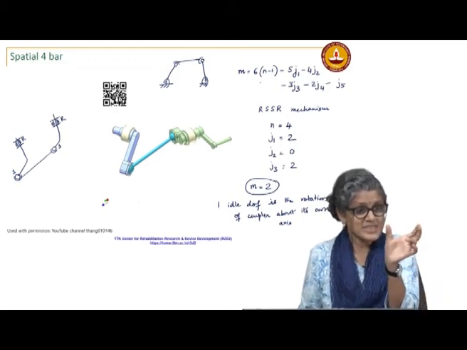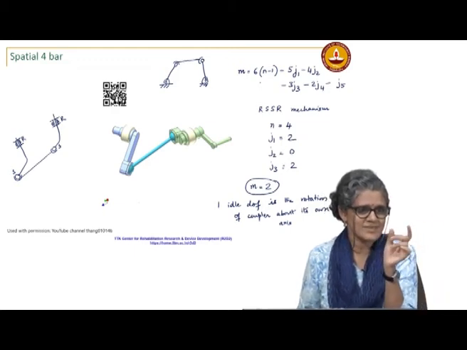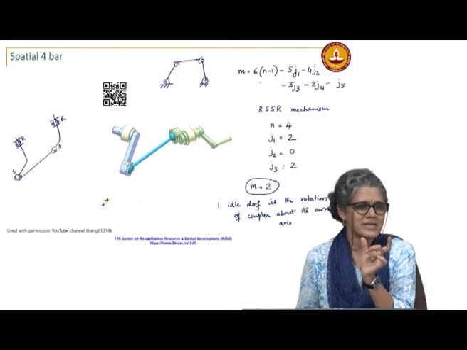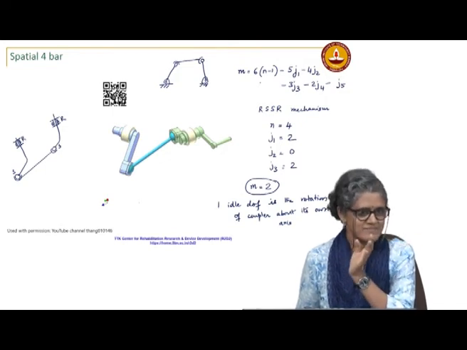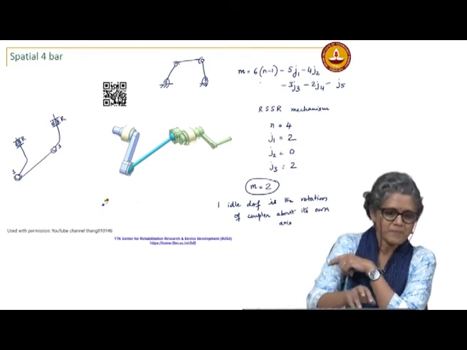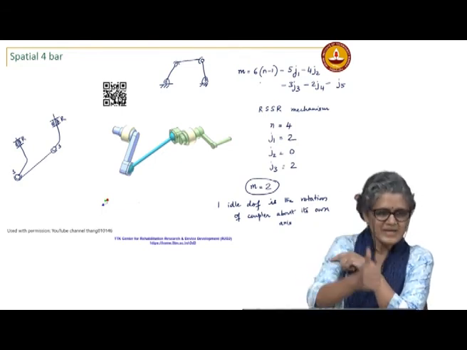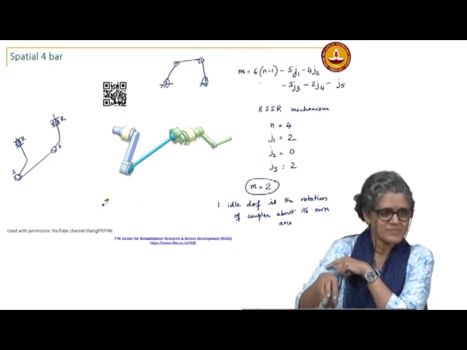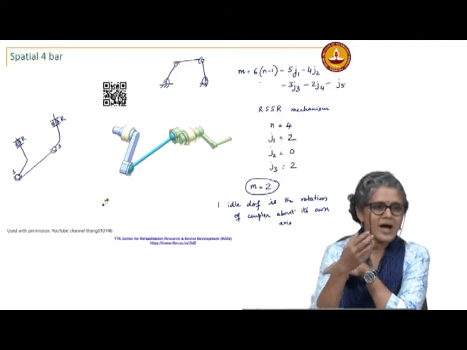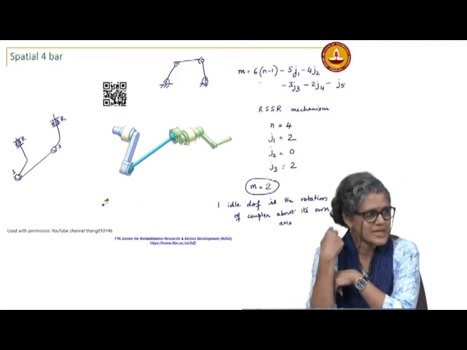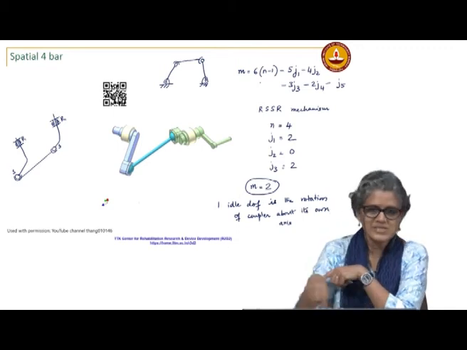So, that means there are 3 extra constraints. See, I know the mobility of that mechanism is 1, but I am actually getting minus 2, which is 3 less. That is because when I restrict it to the plane, okay, I have already said that is my axis. So, the other 3 joints, when you apply this equation, they are also taking away 1, whereas they are not independent, right.